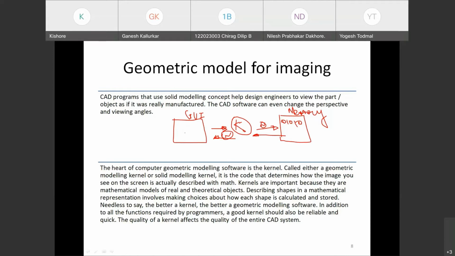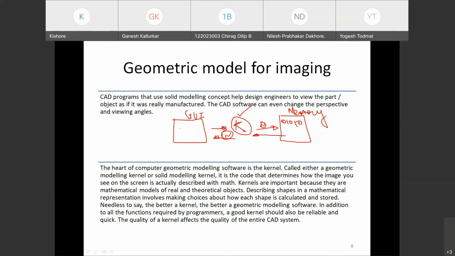This is why the kernel is very important, because if your kernel is very poor, if it is not able to define a certain geometry in mathematical format, then it cannot save proper information. The information that results from this kernel output will not be correct or optimal.